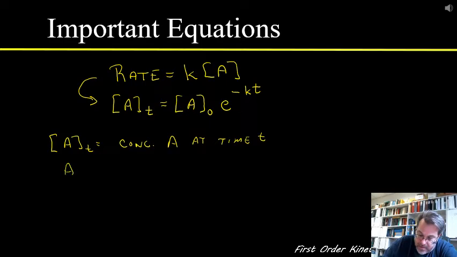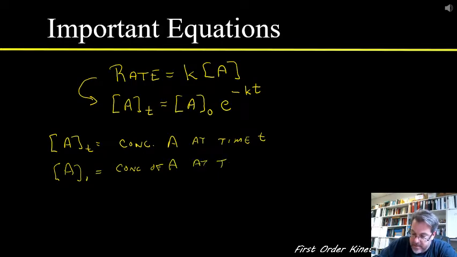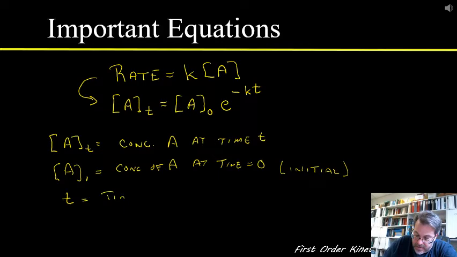And this A0 is the concentration of species A at time equals 0, which of course just means the initial concentration. t in the equation up in the exponent, t, of course, is just time.